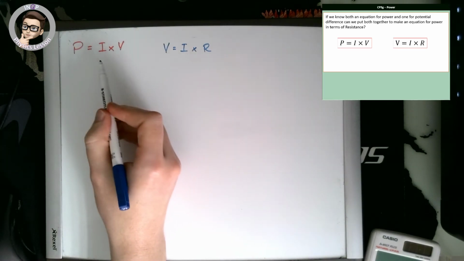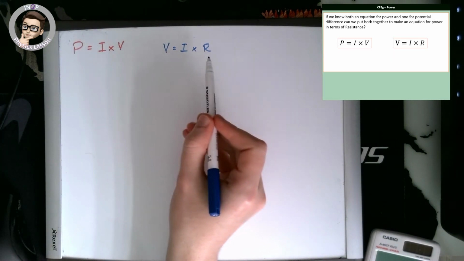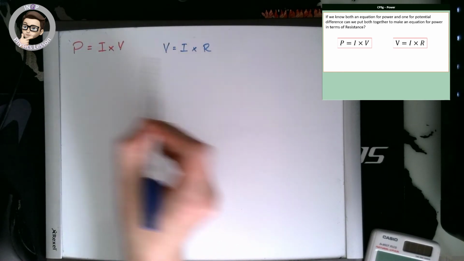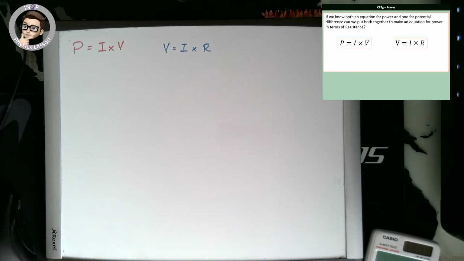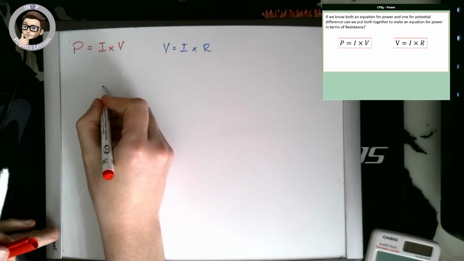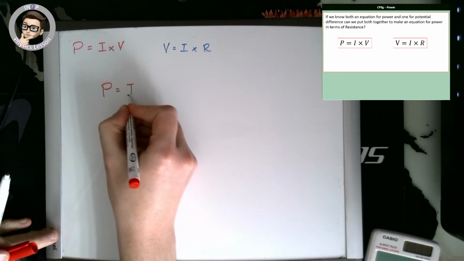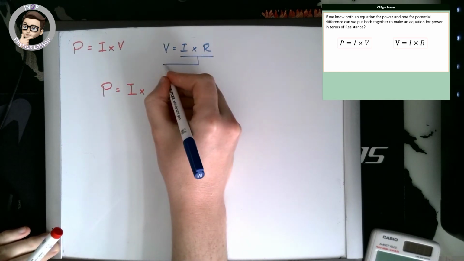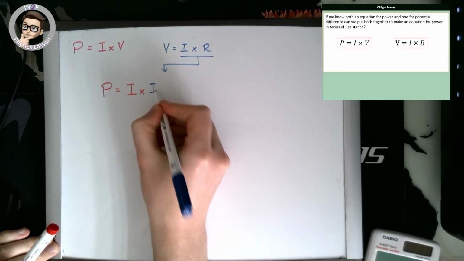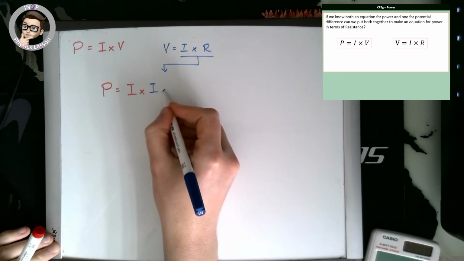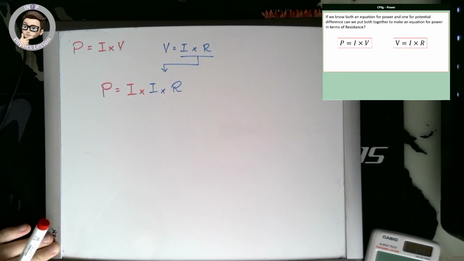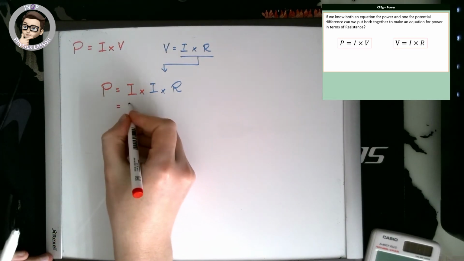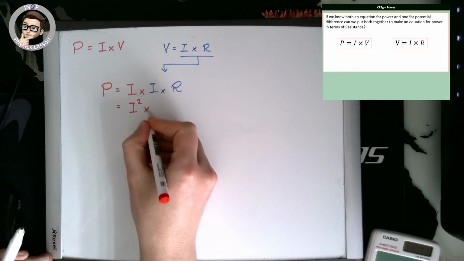Now, wherever there's a V in my power equation, I'm going to put the second part of this equation. I've only got one V, so that I times R is going to go in place of that V. So I'm going to have P equals I times I times R. Well, I times I is the same as saying I squared.